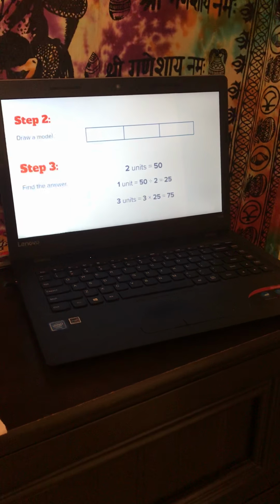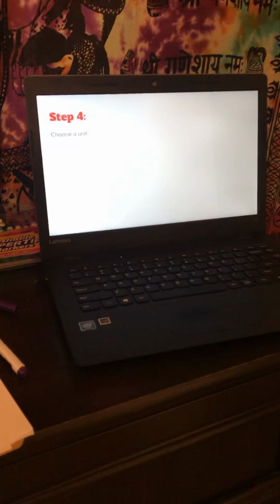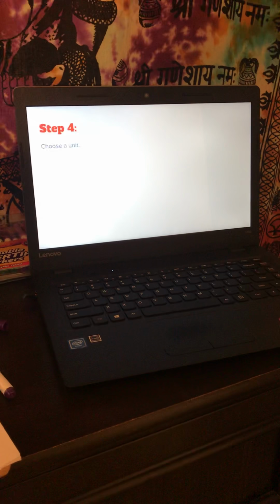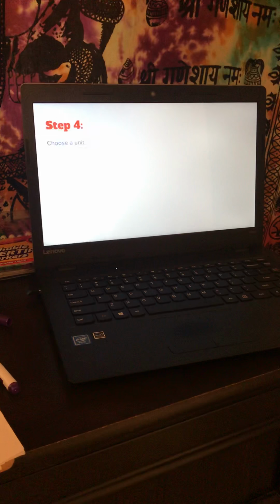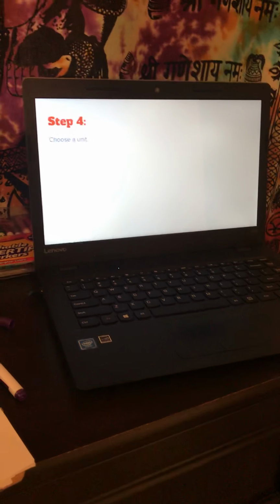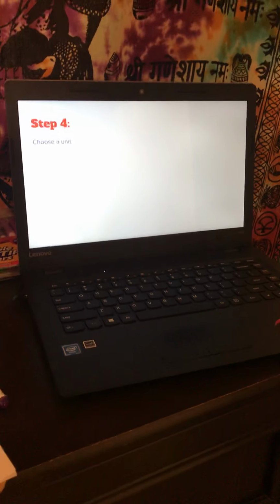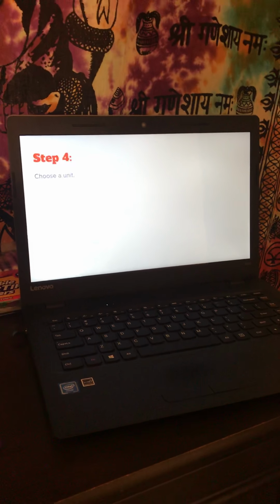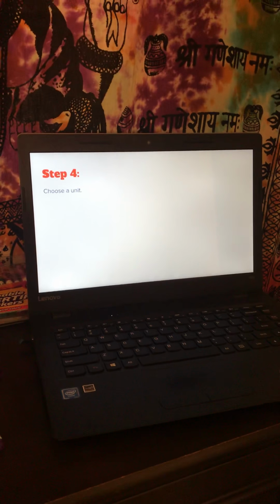This brings us to our 4th step, which is choosing a unit. So if I'm thinking of good units for a question like 50 divided by 2/3, the one that I thought of was dollars. You can choose a number of different units. It just really depends on what your numbers are in the problem.